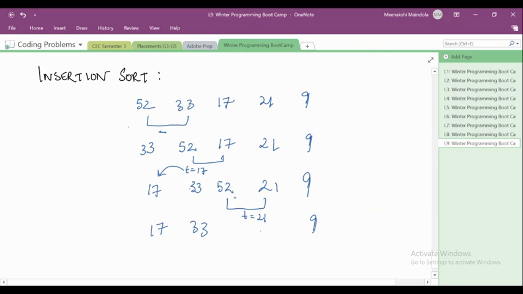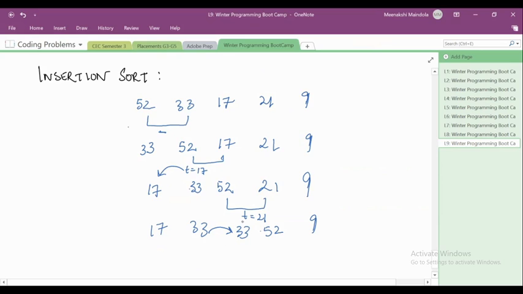So what I do here is I first copy 52 at its correct position, then I compare this temporary variable with the previous values, which is, let us say, this value 33. Now you know that 21 is less than 33. So it is going to first copy 33 here.